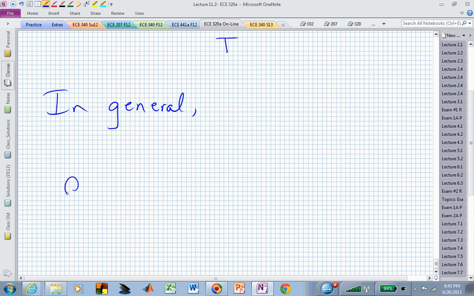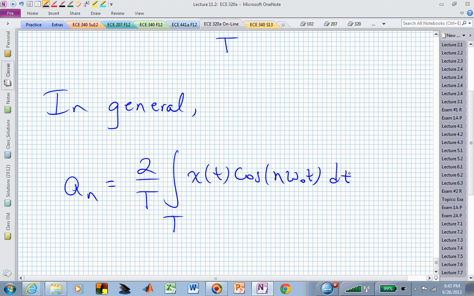Or in general, if we want the a sub n term, we just take 2 over the fundamental period and integrate over the fundamental period x of t times the cosine of n omega naught t dt.